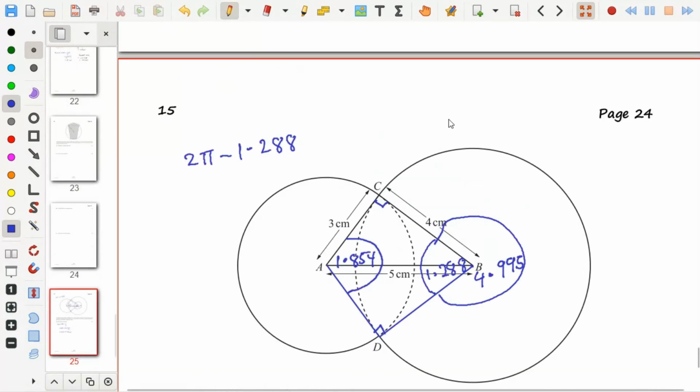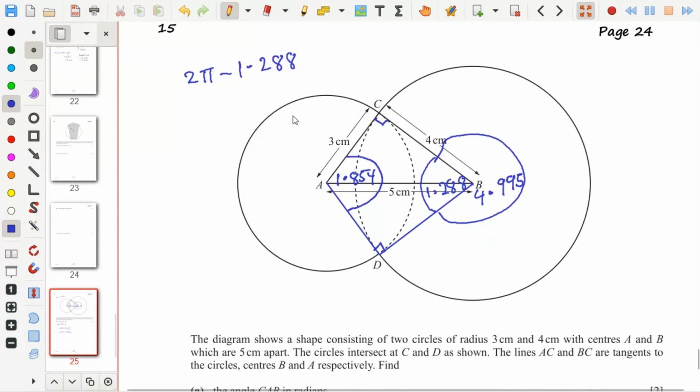Okay. 4.995. Can I find the angle here too? That will be 360 minus 1.854. 360 is the same as 2 pi.